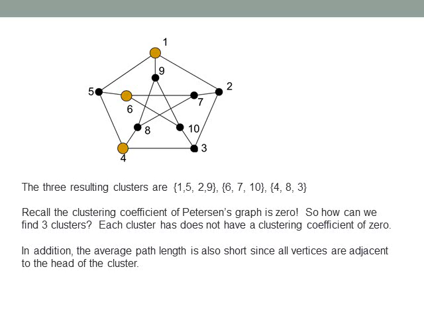Now, recall that I believe we found the clustering coefficient of Petersen's graph in an earlier exercise. And if you look at the neighbors of each vertex, each vertex has degree 3. Let's say we look at vertex labeled 10. Its neighbors are 6, 9, and 3.